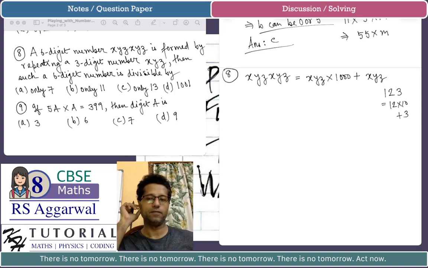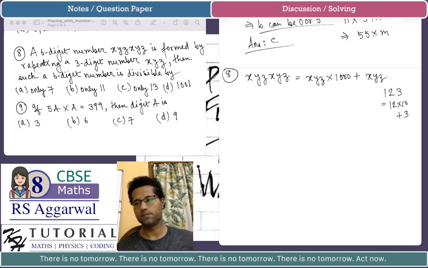Now, how come 12 into 10? Why is it 10? Why is it not 100? It is 10 because to the right hand side of the number 12, we have one digit, that is 3. That is the reason it is 12 into 10 plus 3.